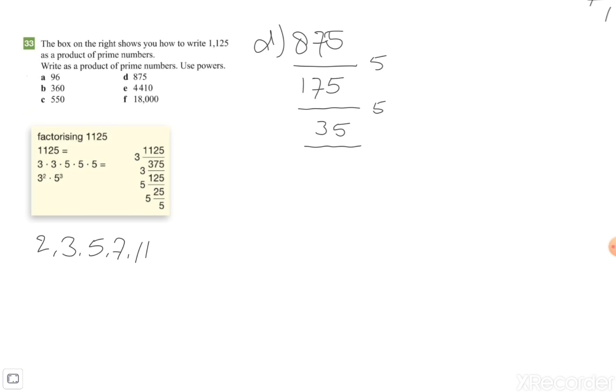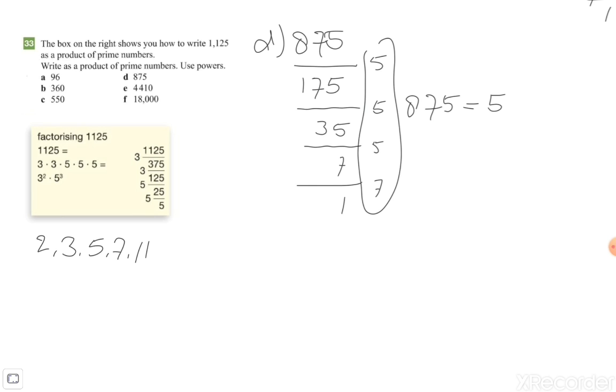Even 35 is divisible with 5, and that's 7. And 7 is a prime number, so we can divide it by 7, and that's 1. So 875 is exactly the same as 5 to the power of 3 times 7.